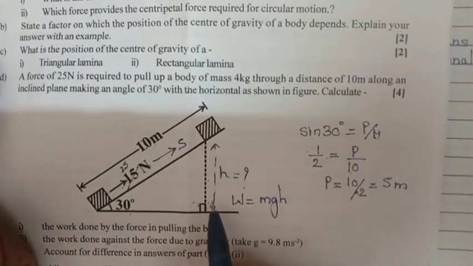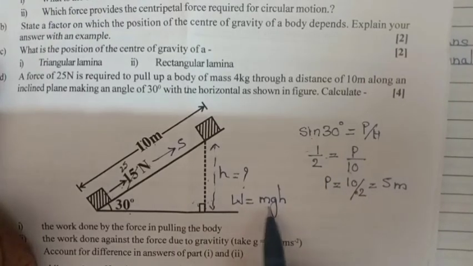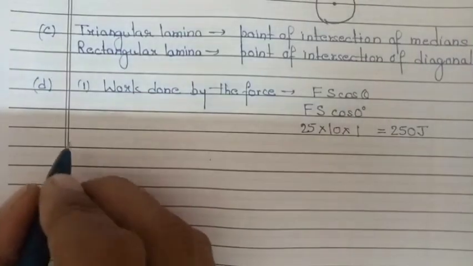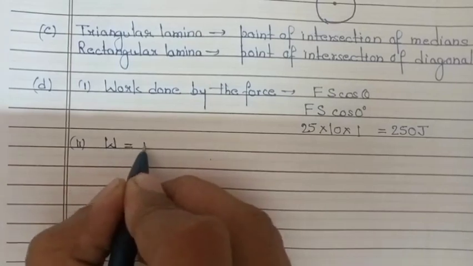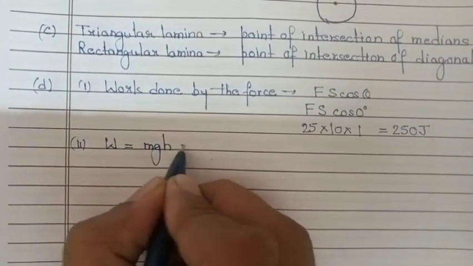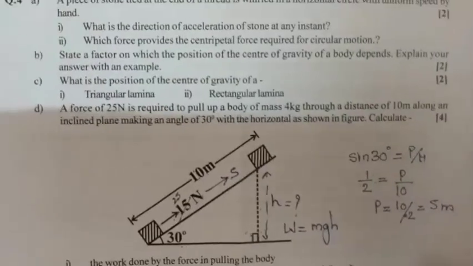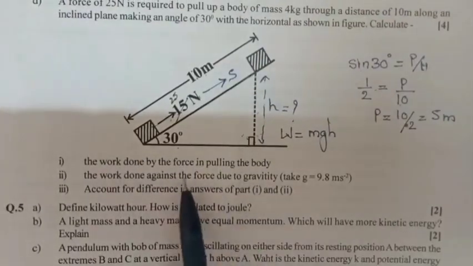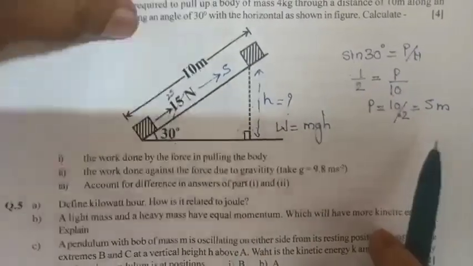Now we need to calculate work done against gravity. For that we can use the formula work is equal to mgh. Here m is the mass of the body. If you go through the question, mass is given as 4 kg, g is acceleration due to gravity which is given as 9.8, and h is the height that you have calculated, 5.